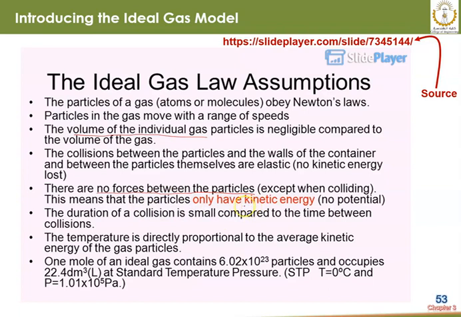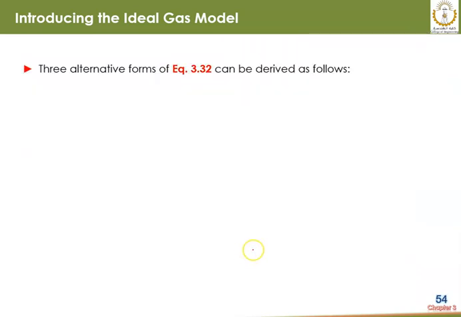The only important energy of particles is the kinetic energy, so no potential energy, and the temperature is proportional to the kinetic energy of the particle. Okay. So those were the main assumptions in the ideal gas model.